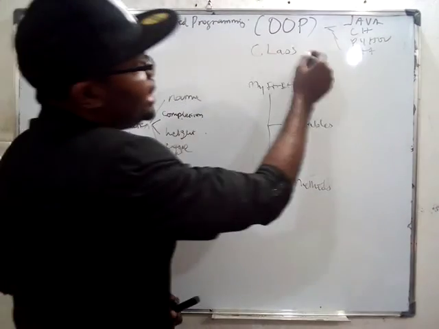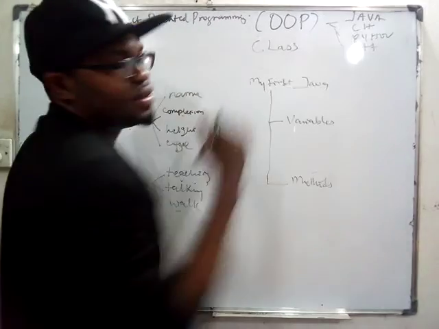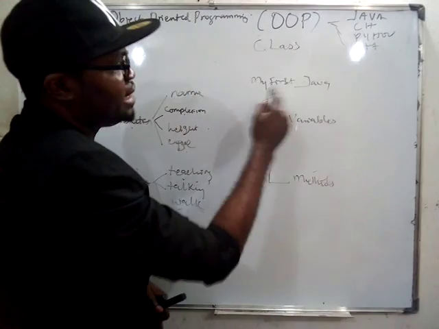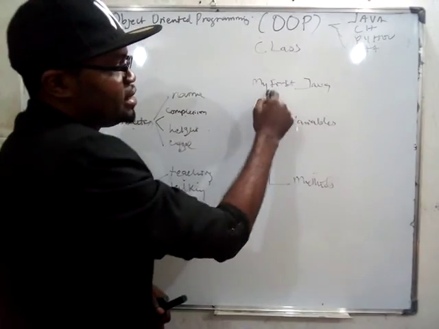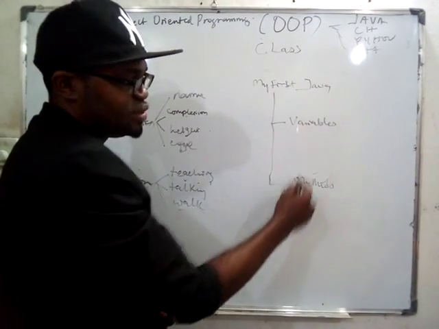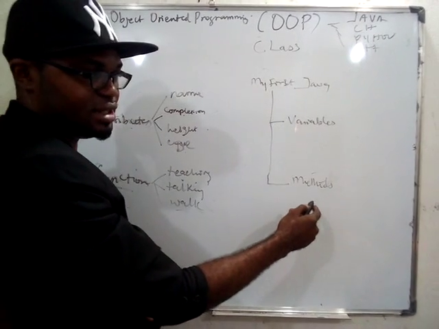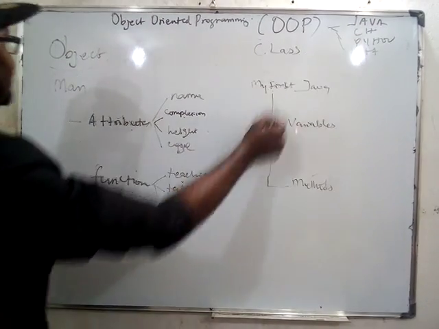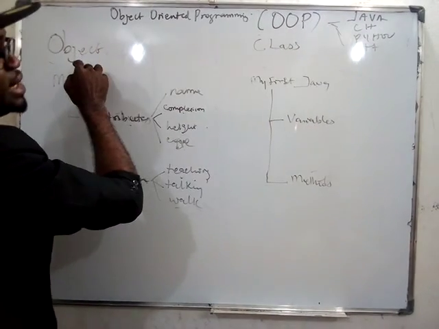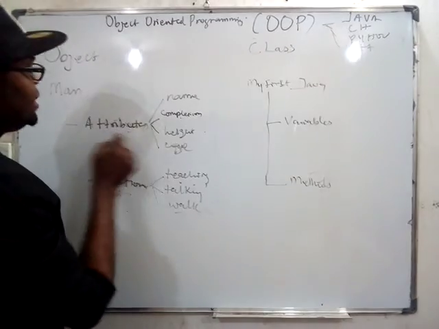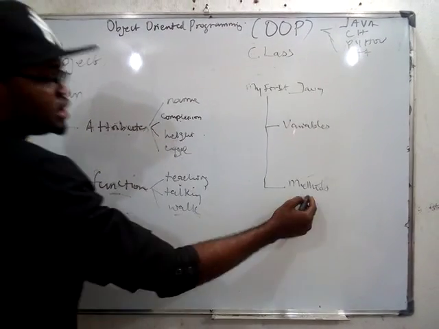If you're using the Java language to write, let's say you're writing a software known as My First Java, this software must have attributes and methods. So Java sees every object as a class, every attribute as a variable, and every function as a method.